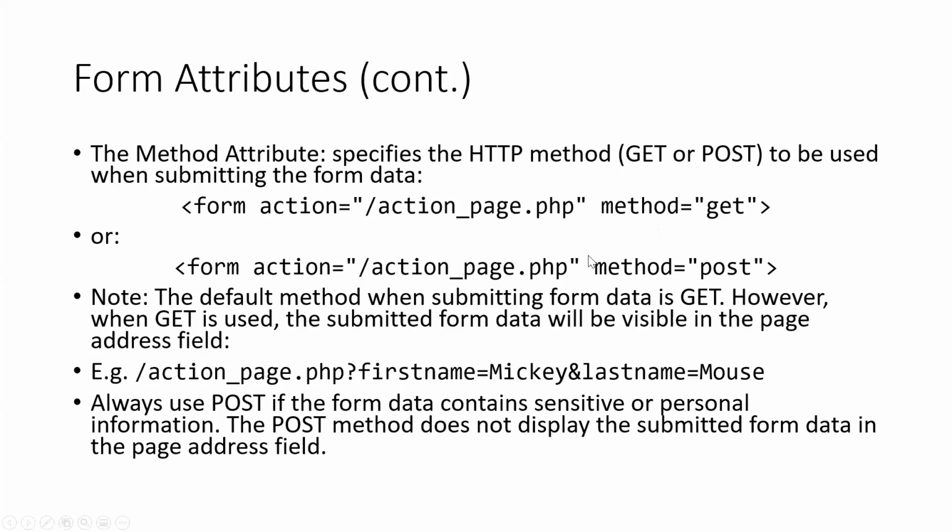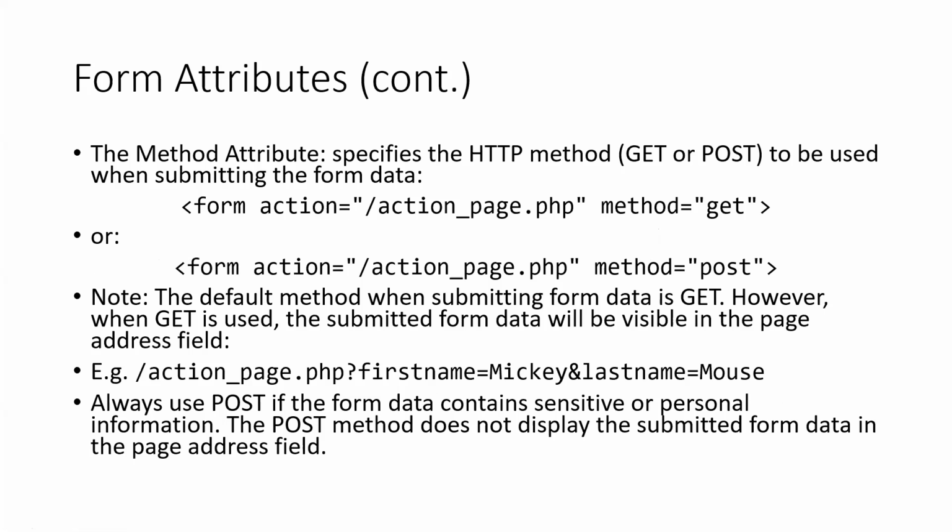Right. There are different ways to specify the HTTP method. We usually say get and post, right? So when you use just form without any method, whether get or post, it will take it as get.